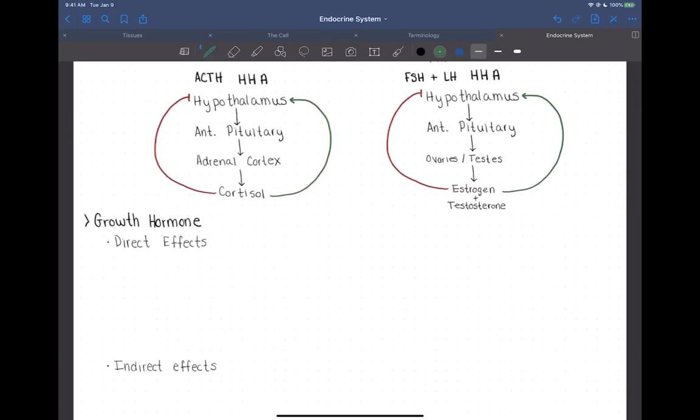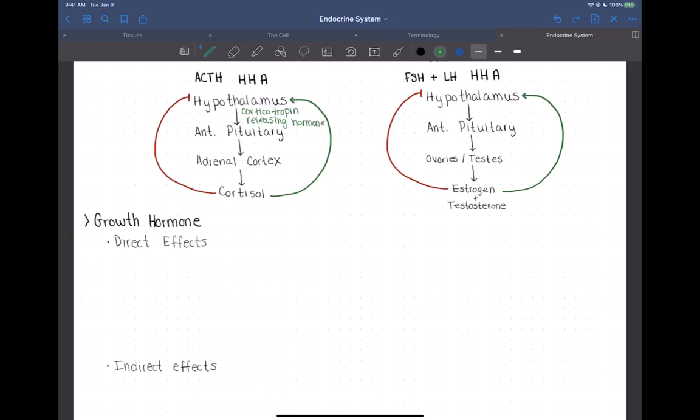All right. So ACTH, the releasing hormone, is corticotropin releasing hormone. All right, so that is going to be secreted by the hypothalamus.